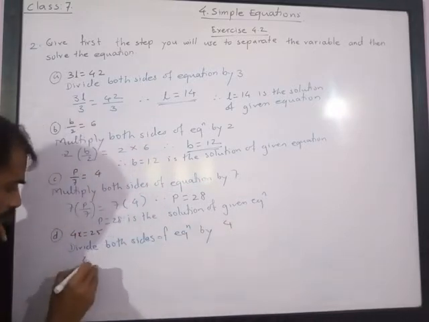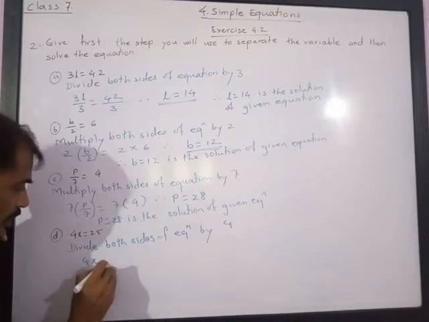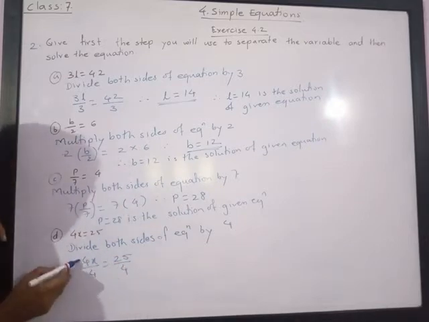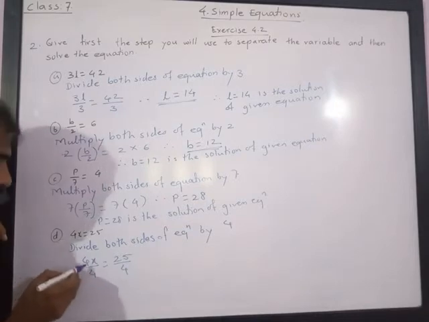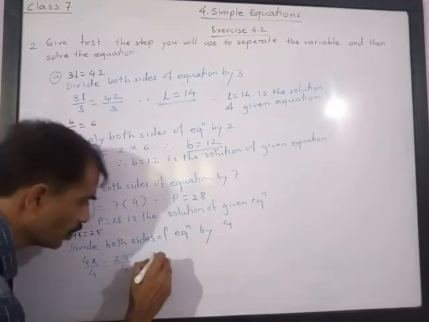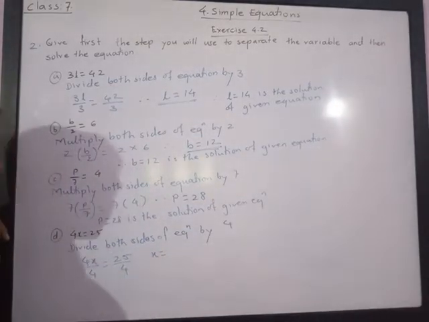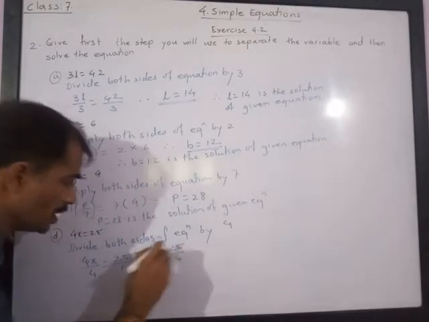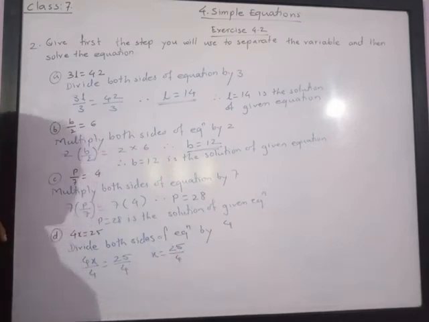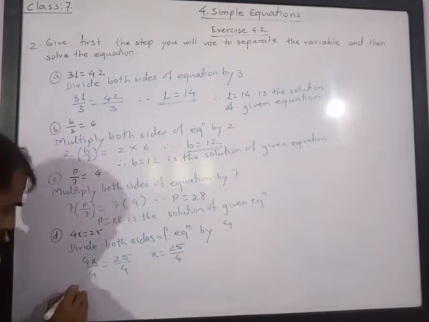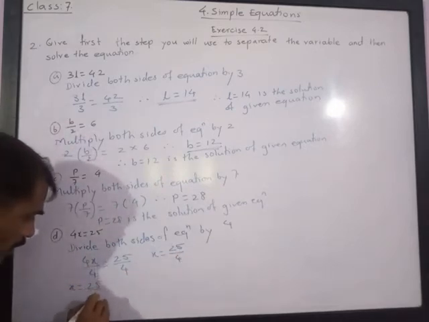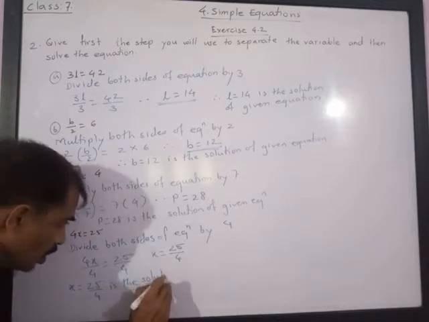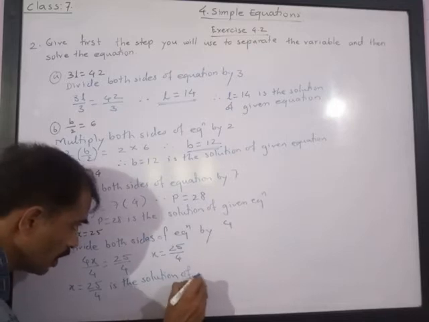So we will get 4x upon 4 is equal to 25 upon 4. So 4 divided by 4 is 1. So you will get x is equal to 25 upon 4, which is not reducible, so it will remain like this only, 25 upon 4. It means this is the solution. Thus x equal to 25 upon 4 is the solution of the given equation.